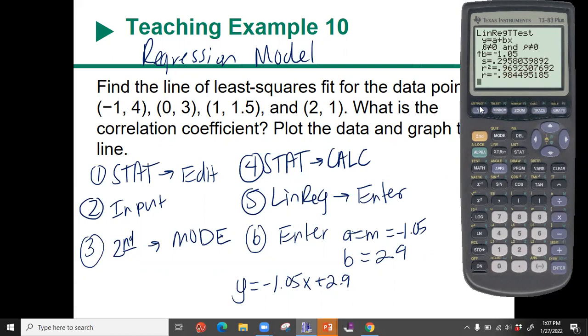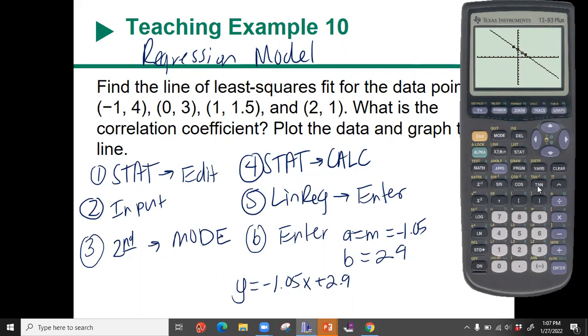The other way you can test your R correlation is to see how well your points line up on the graph. Enter the equation, X plus 2.9, hit graph. It's pretty darn perfect, right? Do y'all see that?